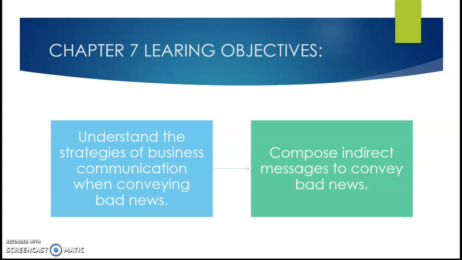All of those reasons are valid to use Bill. And then our final objective, compose indirect messages to convey bad news. Again, open our neutral buffer, body, explanation, and reason before the bad news, and then close, restore goodwill, and tell the reader what can be done.